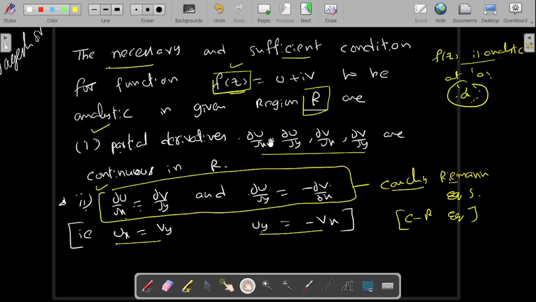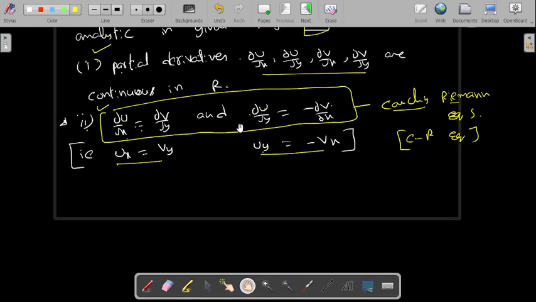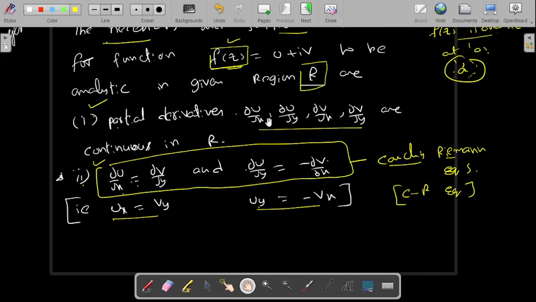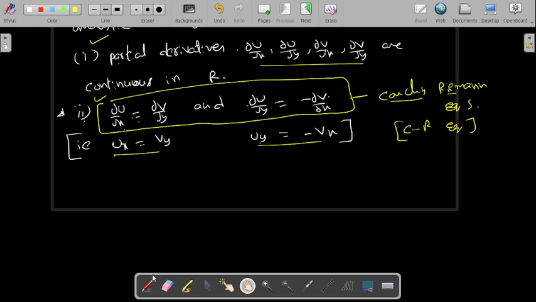So now, the partial derivatives you need not worry about. This second condition, we have to check for every problem. The partial derivatives, by seeing them, we can identify. For example, you have ∂u/∂x equal to 1 by x square plus y square.